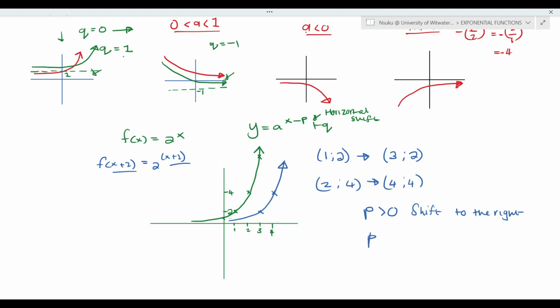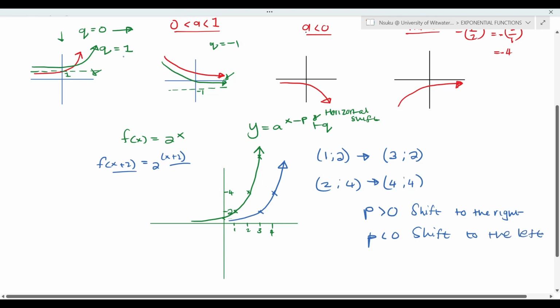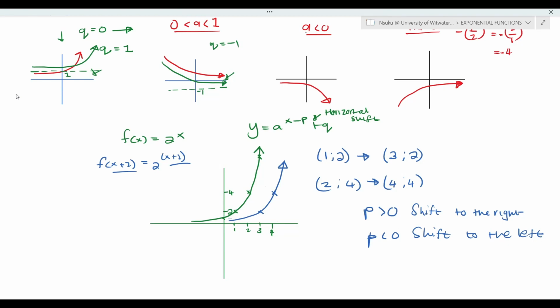And if p is less than 0, our graph will shift to the left. So that's basically the impact of the horizontal shift. It shifts the graph left and right, whereas q shifts the graph up and down.